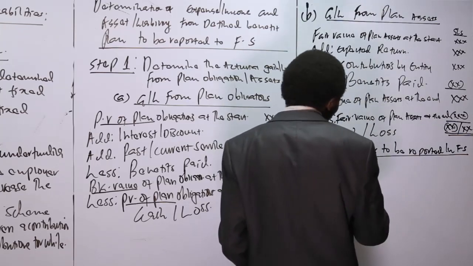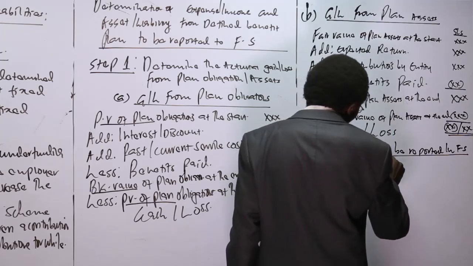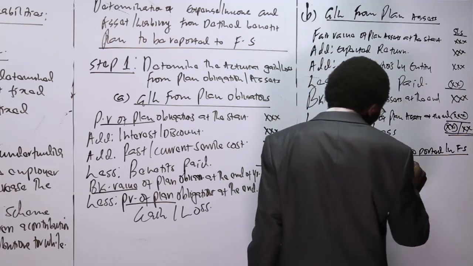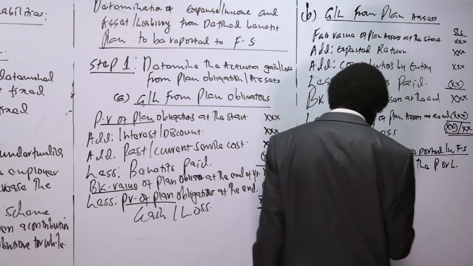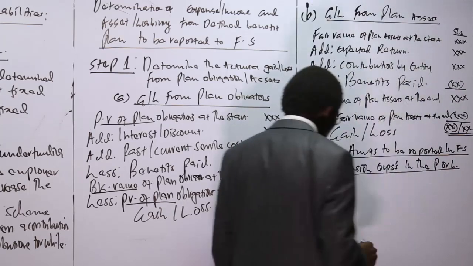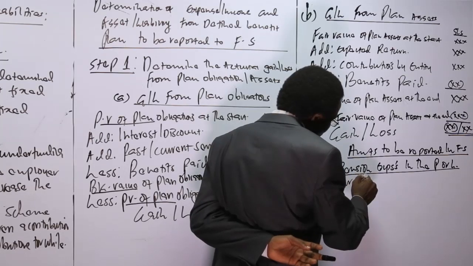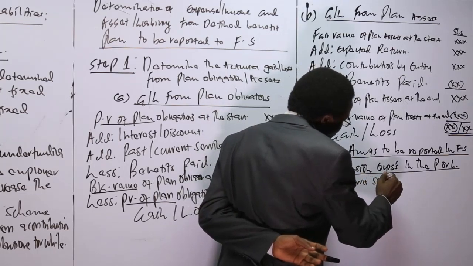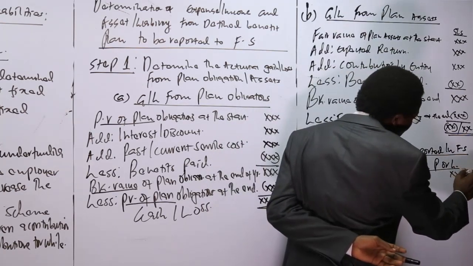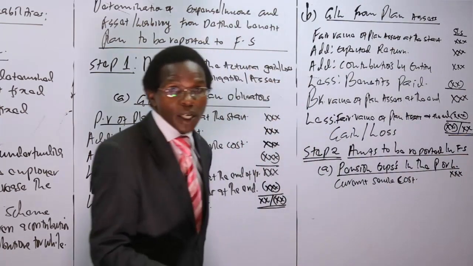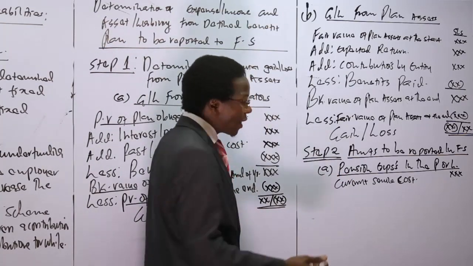A, we have the pension expenses in the profit or loss. We are going to identify the current service cost. The current service cost, that is an expense. This expense can be recognized as an admin expense, unless you're told otherwise.